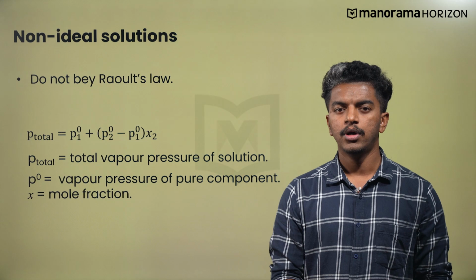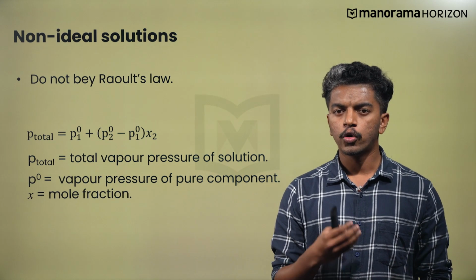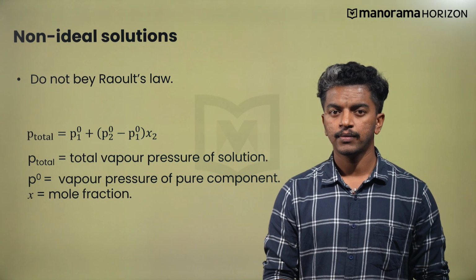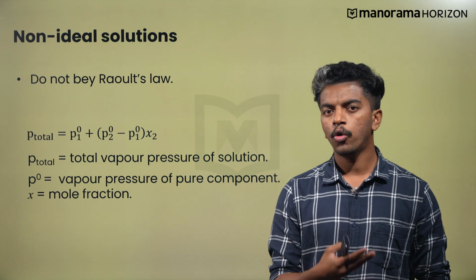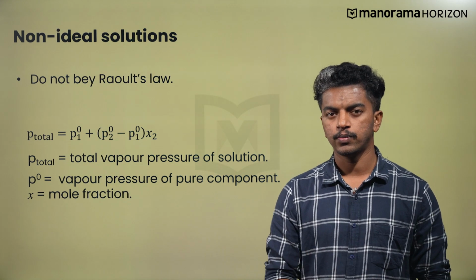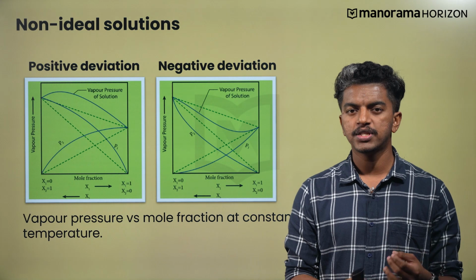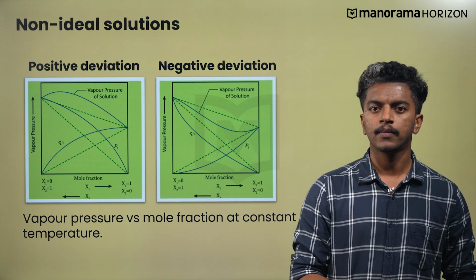In real life, most of the solutions show non-ideal behavior. That is, Raoult's law is not obeyed over the entire range of concentration. The vapor pressure of non-ideal solutions is either higher or lower than that predicted by Raoult's law. Thus, vapor pressure versus mole fraction plot produces curves rather than straight lines, as you can see here.